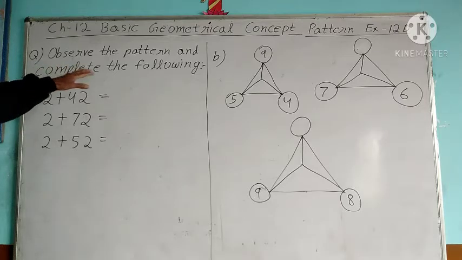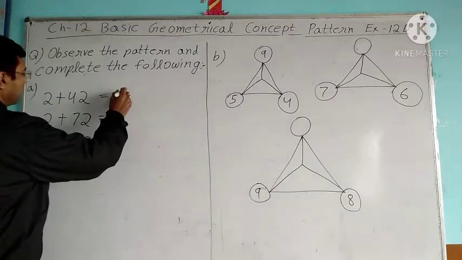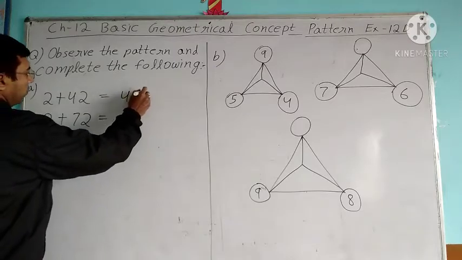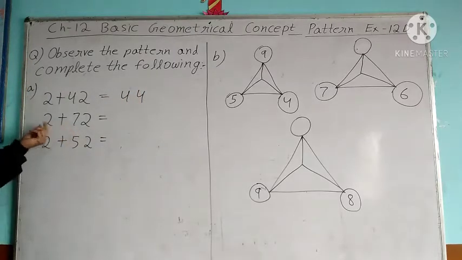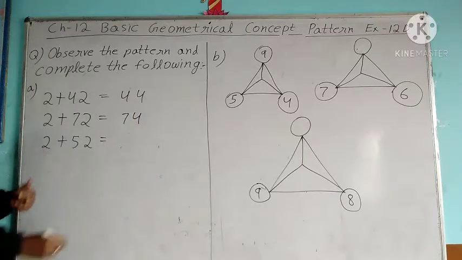First question: observe the pattern and complete the following. I have already explained. 42, what do we have to do? Simply we have to add 2: 42 plus 2 is 44, 72 plus 2 is 74, 52 plus 2 is 54.